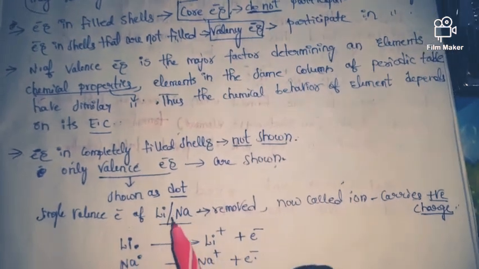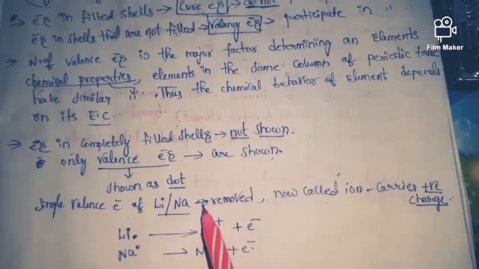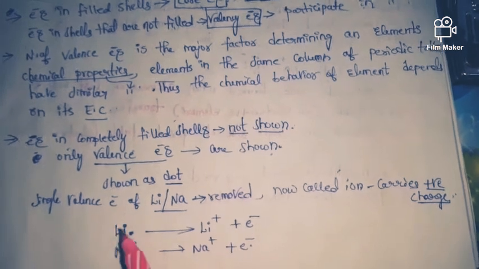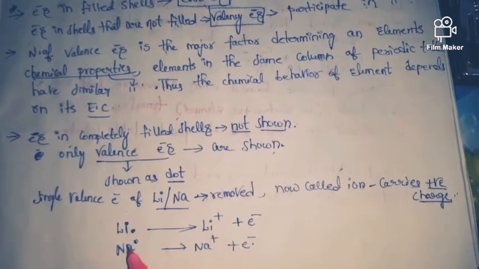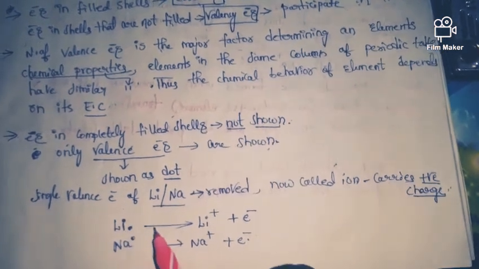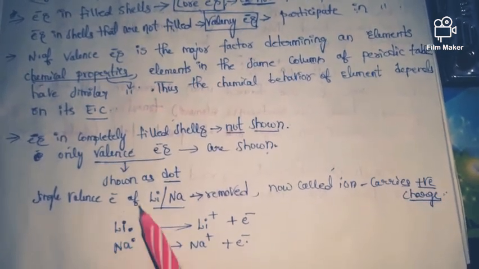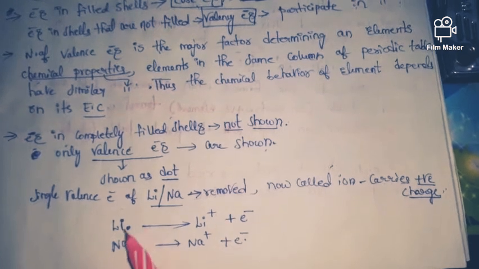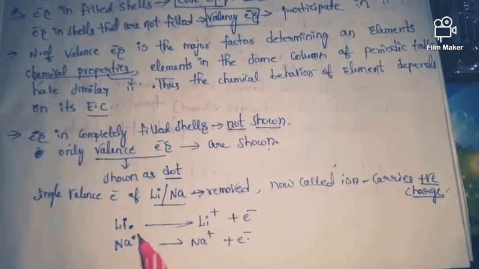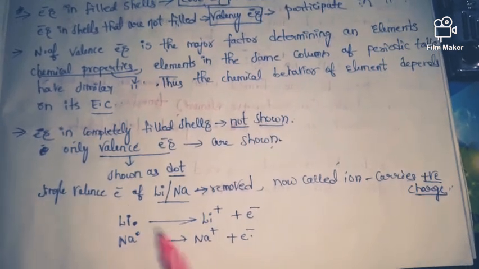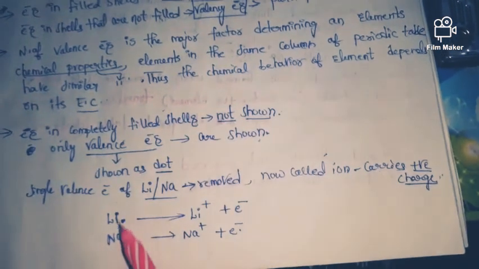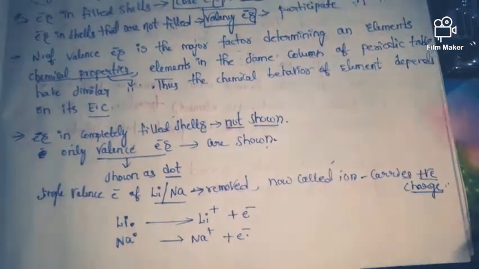We know that in the 1A group elements a single valency electron is present, so that single valency electron is represented as a dot. If the single electron on these elements is removed, they definitely get a positive charge, because we are removing the electron. So obviously these elements are going to get a positive charge. That's it. Hope you understood this.